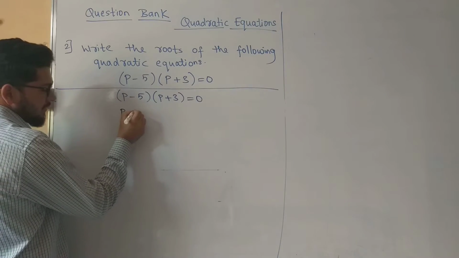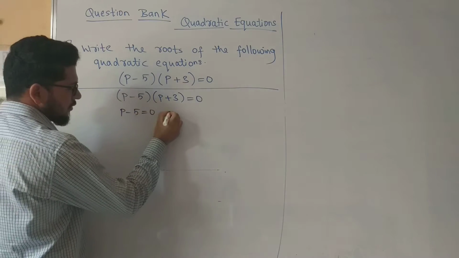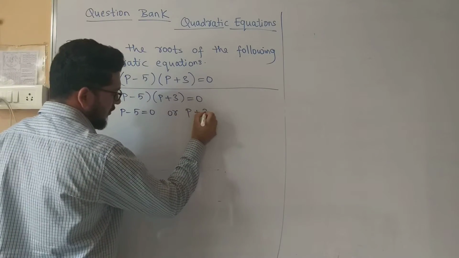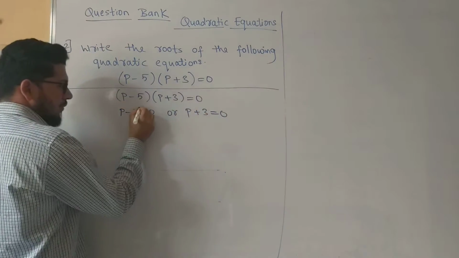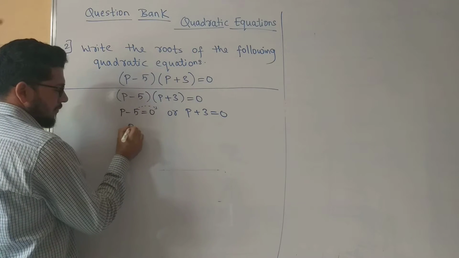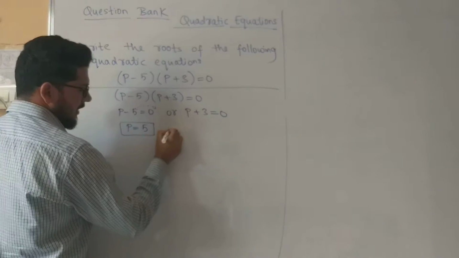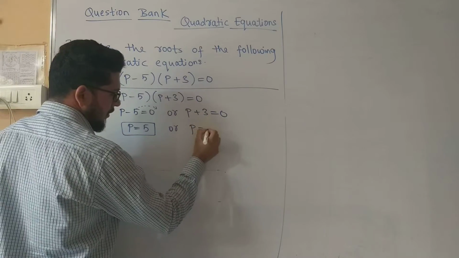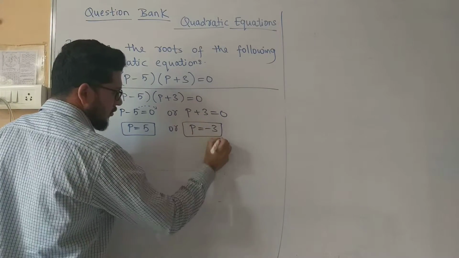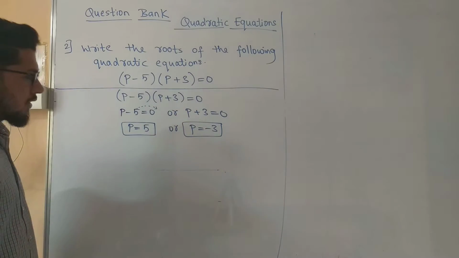We will separate this: p minus 5 equal to 0 or p plus 3 equal to 0. After that, shifting the 5 gives p equal to 5, and when you shift the plus 3 there, you get p equal to minus 3. These are the roots of the given quadratic equation.